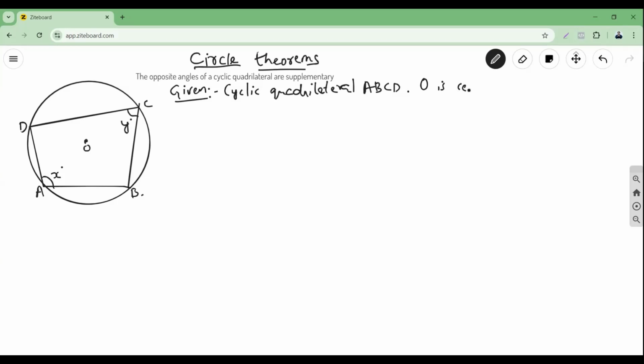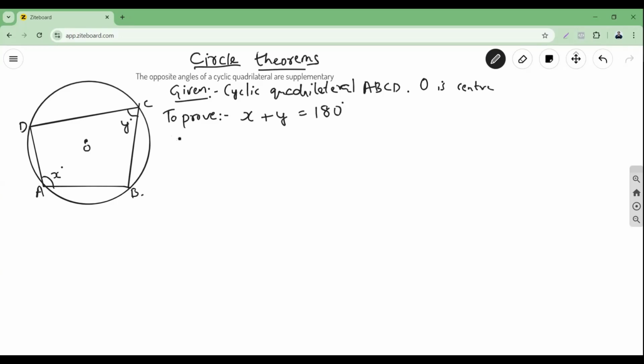So basically it's a circle. These are things we know. And what we have to prove is that the opposite angles, X plus Y, is equal to 180 degrees.